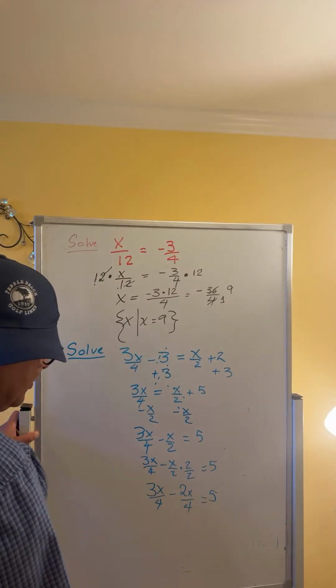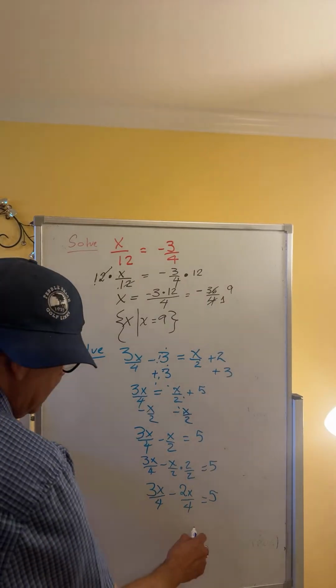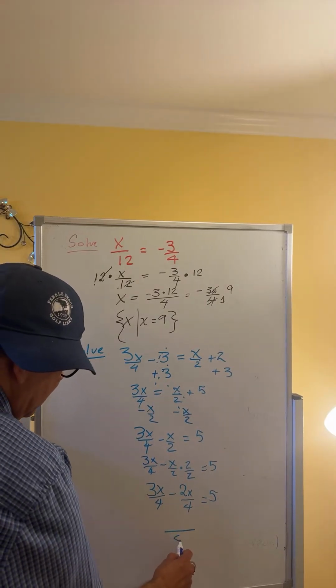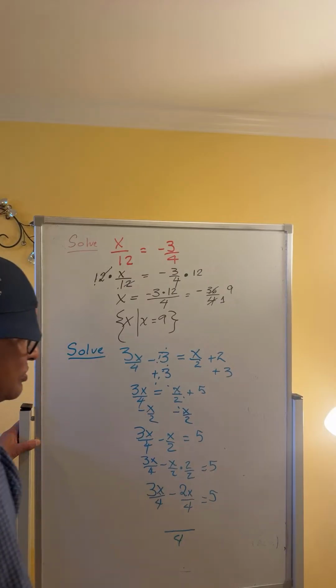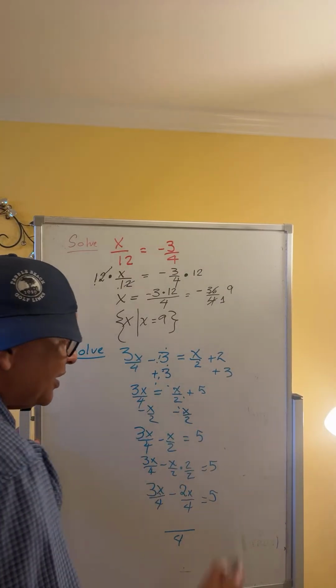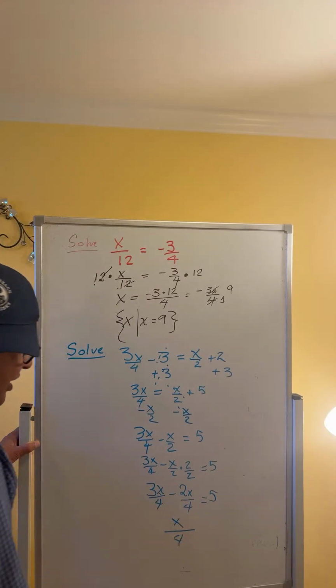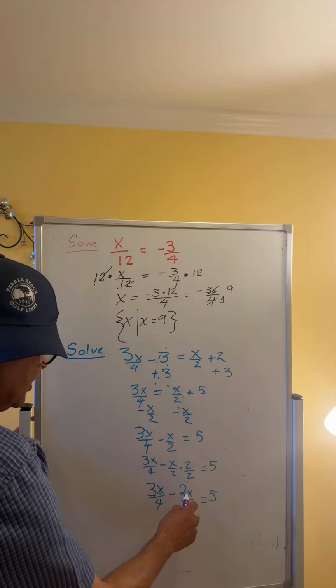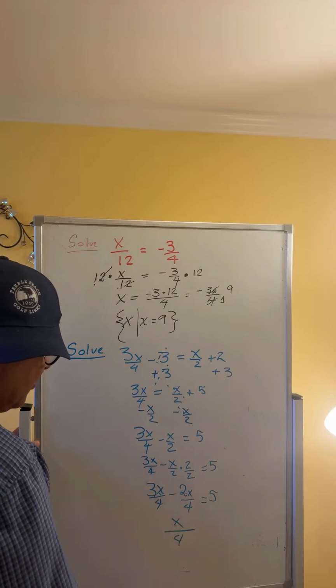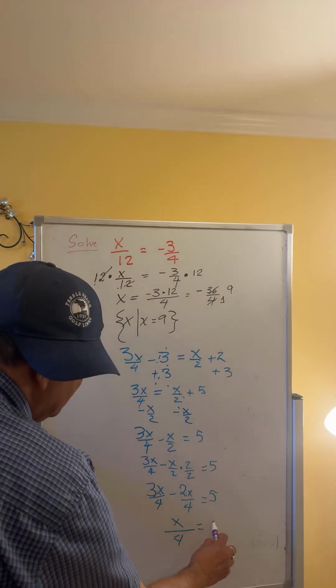Now since the denominators are same on the left hand side, which is 4, we can do 3x minus 2x is 1x. But in algebra, we do not write the 1 in front of x, we just leave it as x. So 3x minus 2x is x, 4 is the common denominator, and that is equal to 5 on the right hand side.